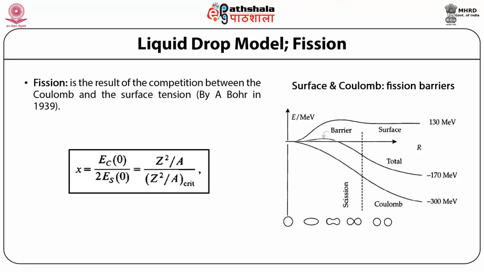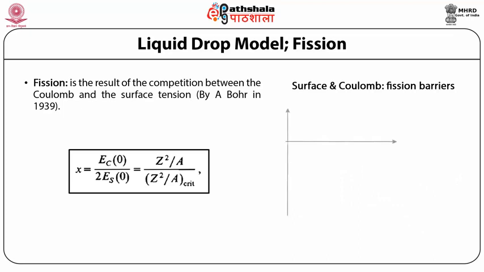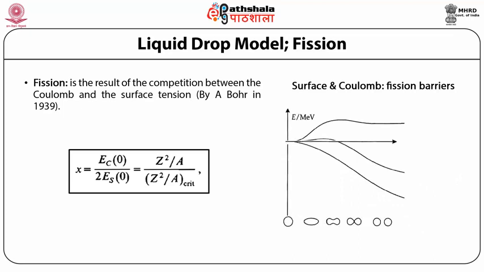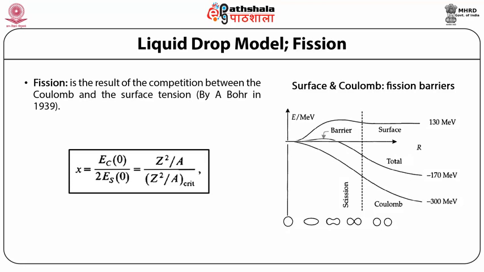At the scission point, on the bottom of this picture, the various shapes of the nucleus corresponding to various energies of surface, Coulomb, and total are given.